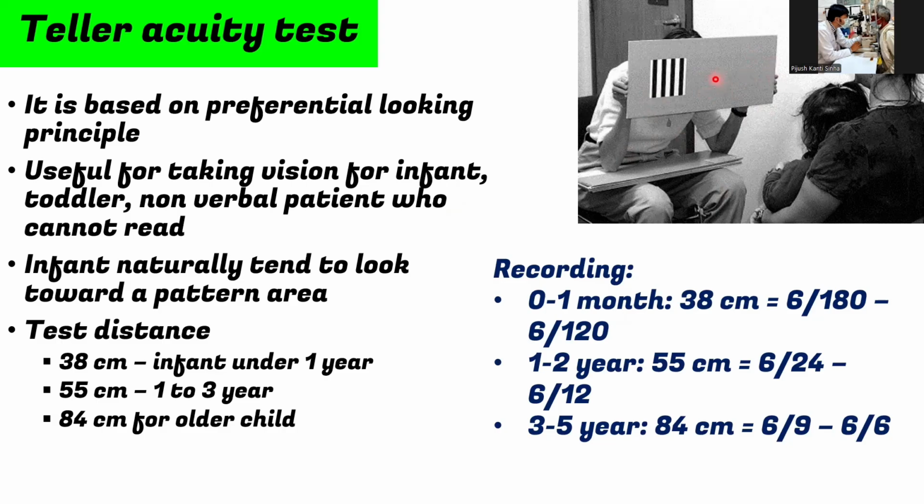There is a small peephole in this card through which the examiner will see the child's eye. The examiner will hold the card in such a way that the examiner's face is hidden behind the card, so that the child is only seeing the strips, not the examiner.